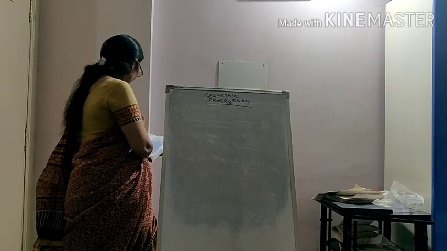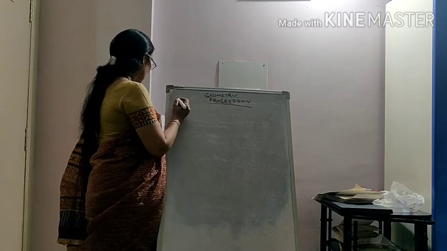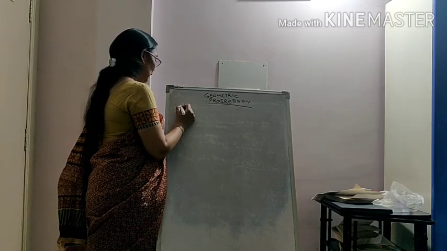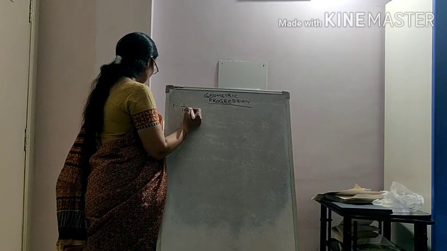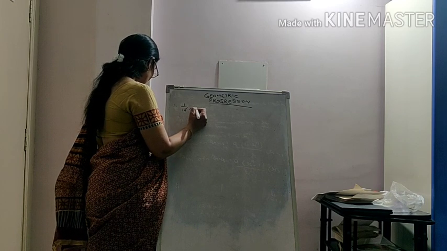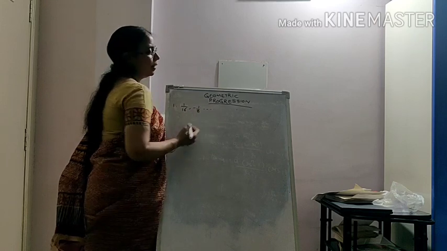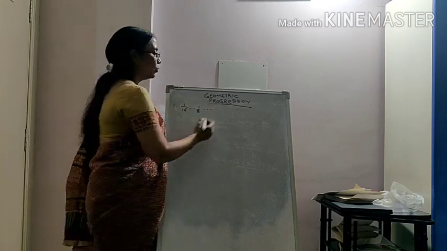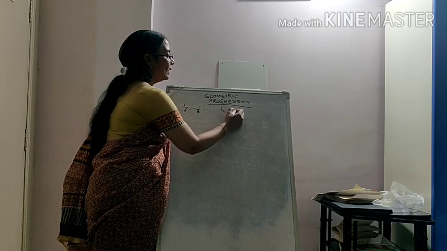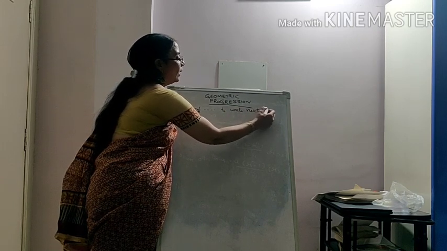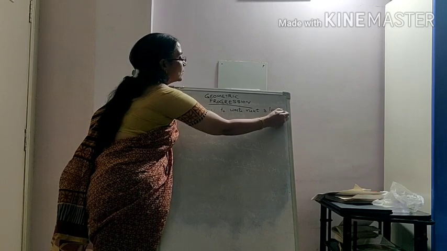We have a geometric series like 1 by 16, minus 1 by 8 and so on. Now we are asked to write the next 3 terms.